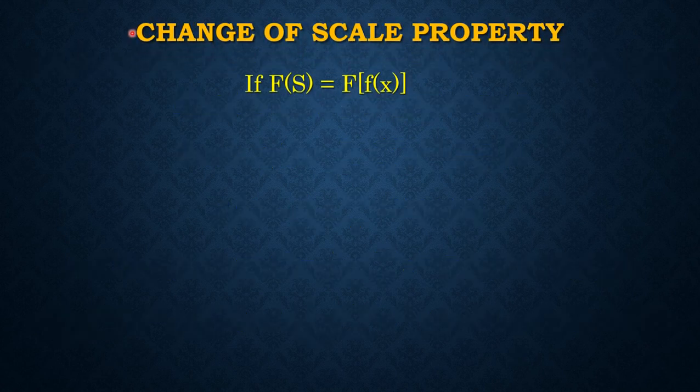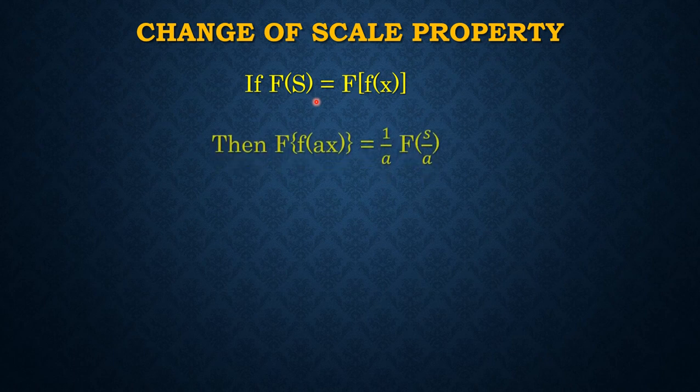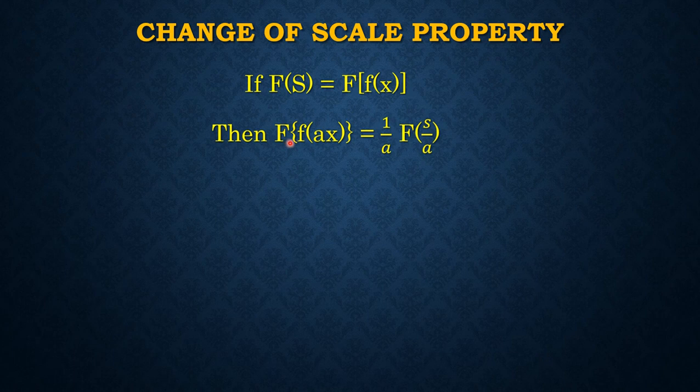Change of scale property. This property is for the function f(x): if the Fourier transform of f(x) is equal to F(s), then the Fourier transform of f(ax) is equal to 1 by a F(s by a).